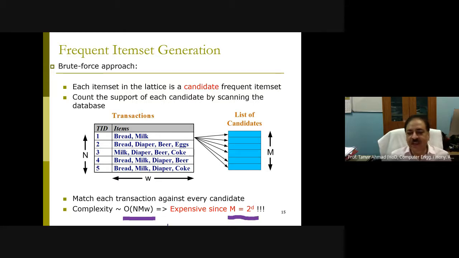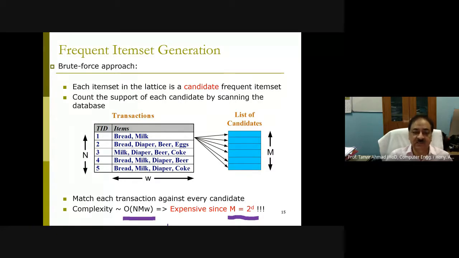Therefore, if you multiply N into M into W, this becomes 2 to the power D multiplied by N multiplied by W. Even if N and W are small numbers, 2 to the power D is a very large number.